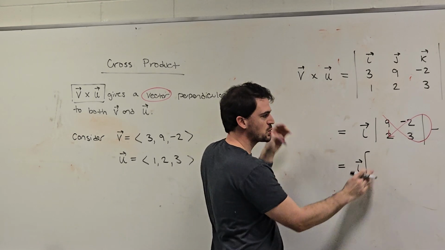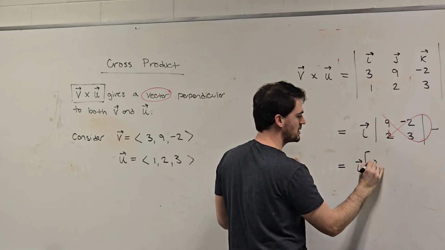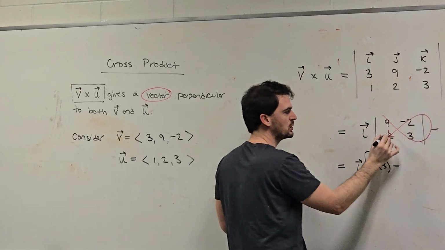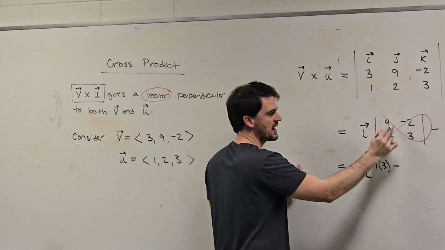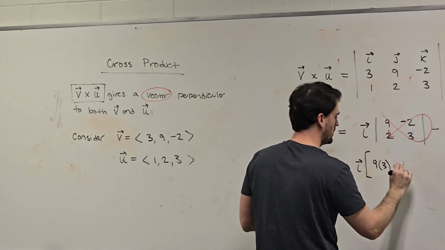Once we've gotten it to a 2 by 2, you do 9 times 3 minus, and then you loop around. So it's 9 times 3 minus negative 2 times 2.